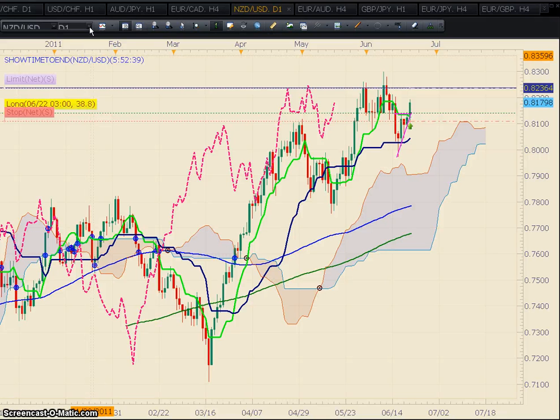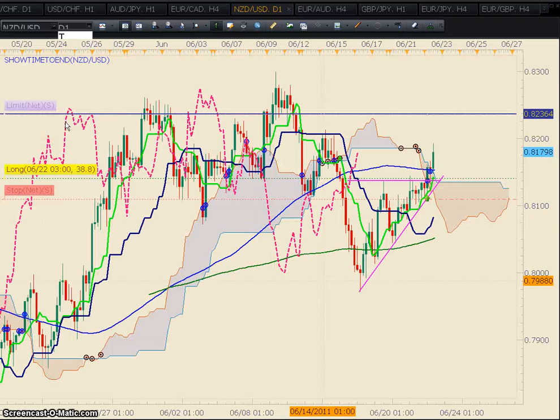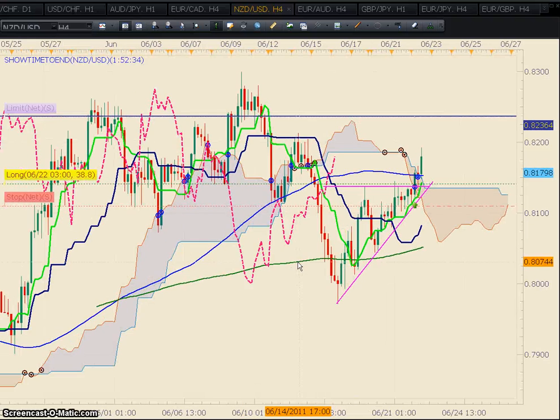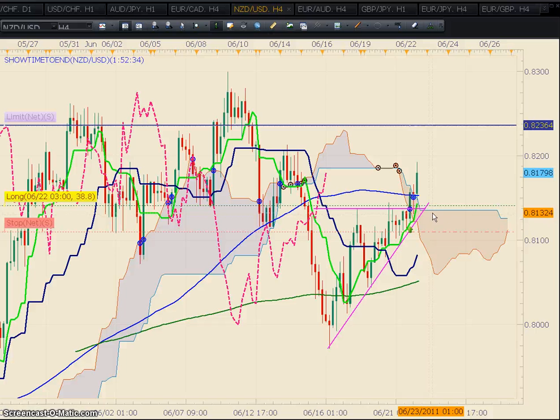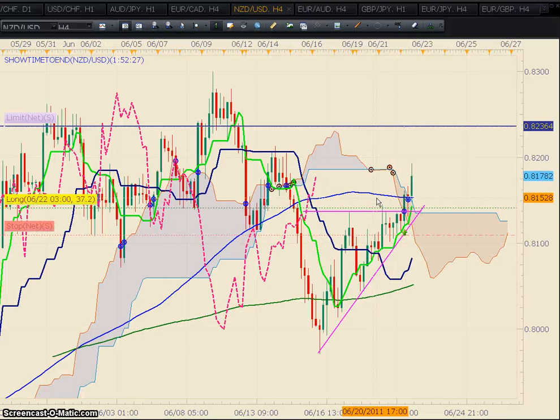Okay, so I dropped down to my next time frame, which was my 4 hour time frame. And you can see on the 4 hour time frame, you got this trend coming up here. So the immediate trend was up. But the bias of the market at the time, we were in the cloud. But now we're above this cloud, so the stance is that we're bullish.